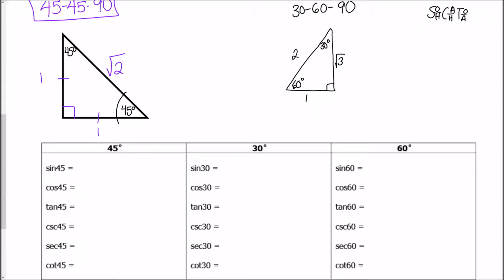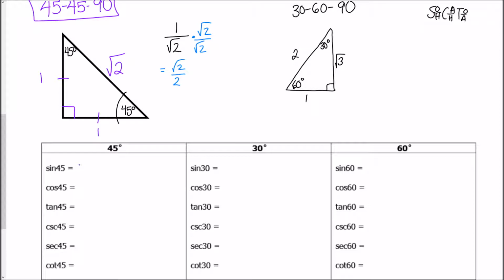But since sine is opposite over hypotenuse, I'm going to do 1, which is opposite, over the hypotenuse, which is the square root of 2. But remember how we talked about the fact that we need to rationalize the denominator. So I'm going to multiply by root 2 over root 2 to get the square roots to cancel out. So I end up getting root 2 over 2.